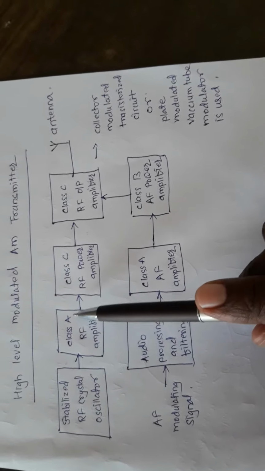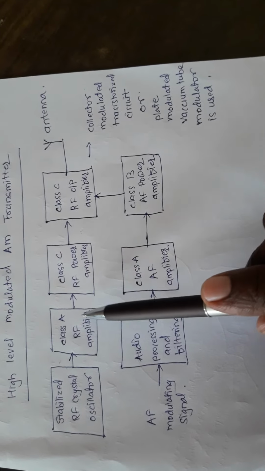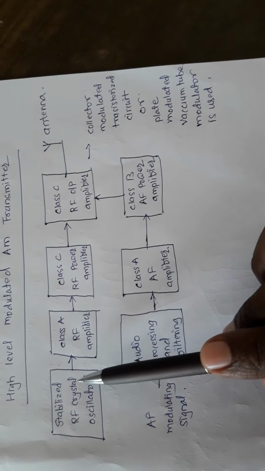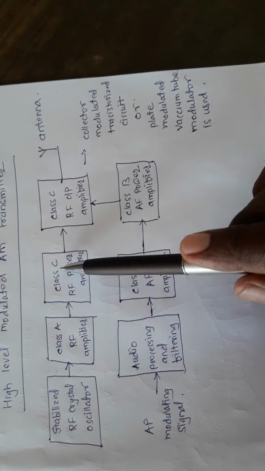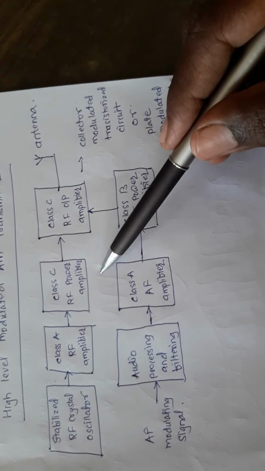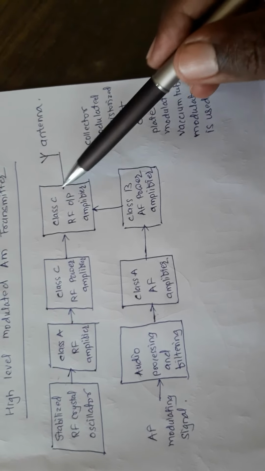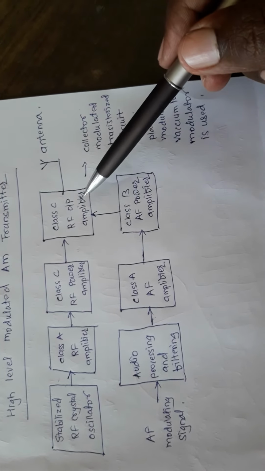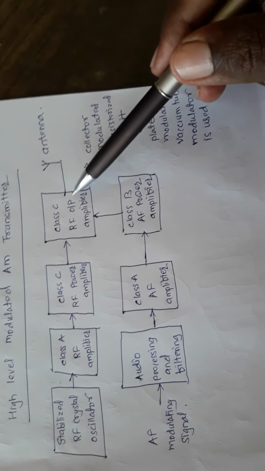This carrier frequency is given to the class A RF amplifier, which increases the voltage level of the carrier signal. Then it is given to the class C RF power amplifier, where power amplification of the carrier signal takes place, and then to the class C RF output amplifier, which acts as an AM modulator.